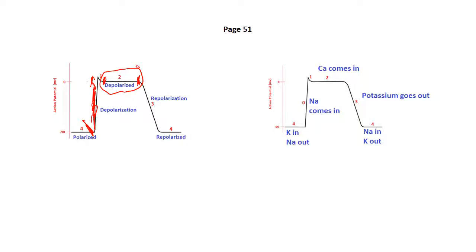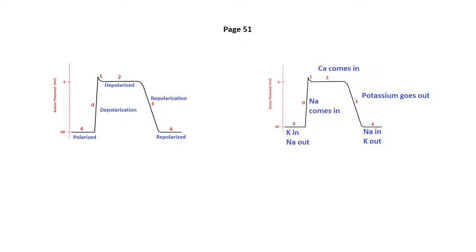Calcium then quits flowing in, potassium continues to go out, and so here we refer to this, which is phase 3, as repolarization, because notice that now we are actually heading back towards our -90 millivolts. So now we are repolarizing, and at some point down here, the right amount of potassium has left the cell, the right amount of sodium and calcium are in it, and we manage to then sit at -90 millivolts again.